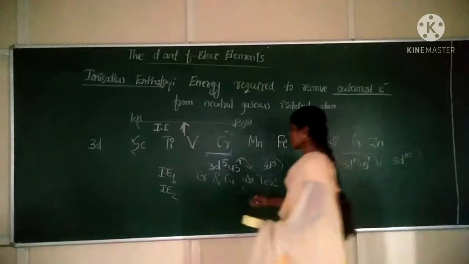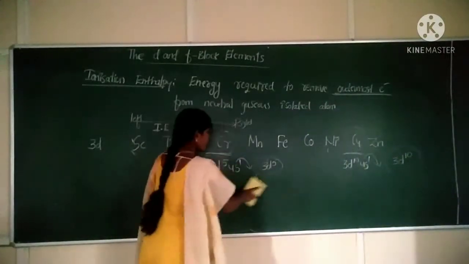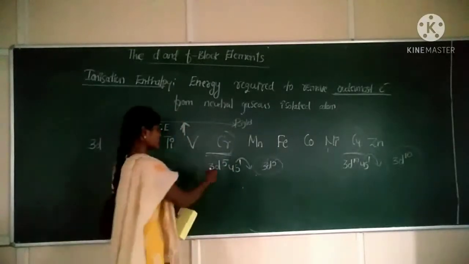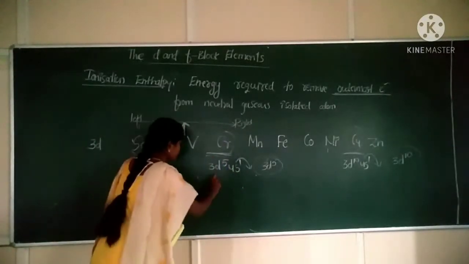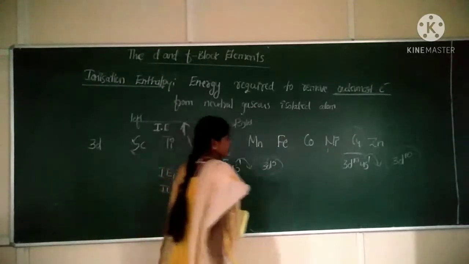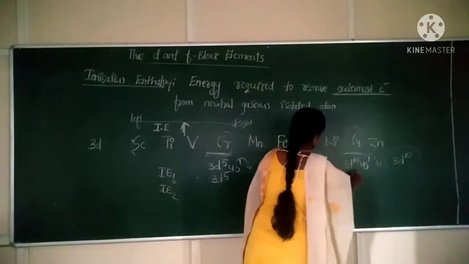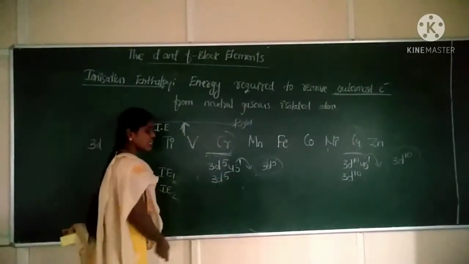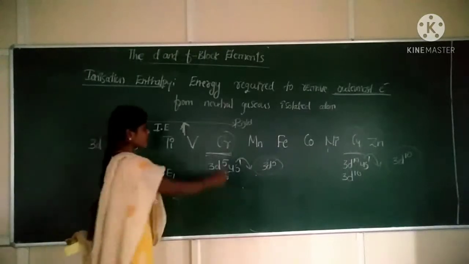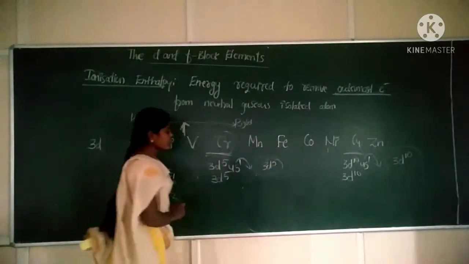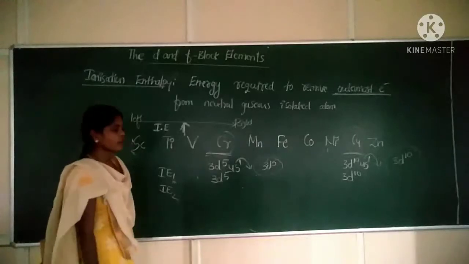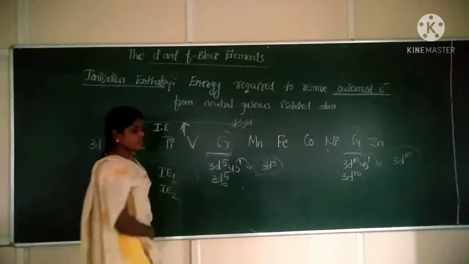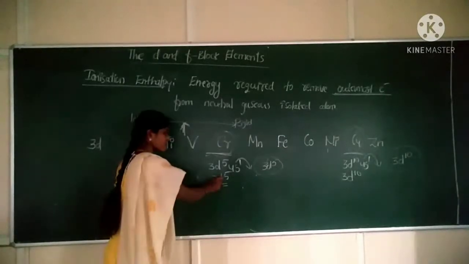Clear? When you are talking about the second ionization enthalpy, we know that the first ionization enthalpy is less, but once we have removed the electron, what will be the remaining configuration? 3d5 here and 3d10 there. If you want to remove the second electron from the chromium ion and copper ion, it will require more energy, because the energy required to remove an electron from a stable configuration will be more.